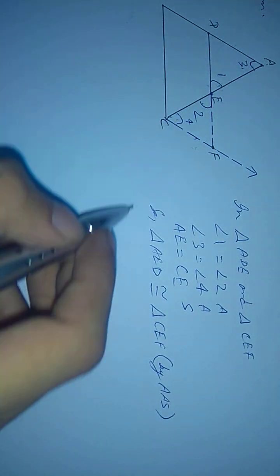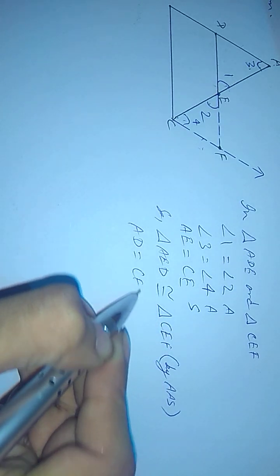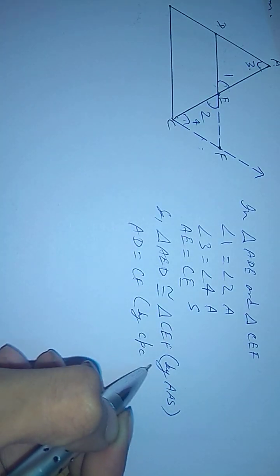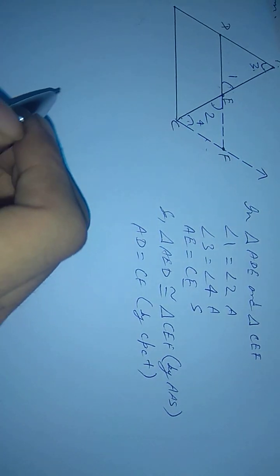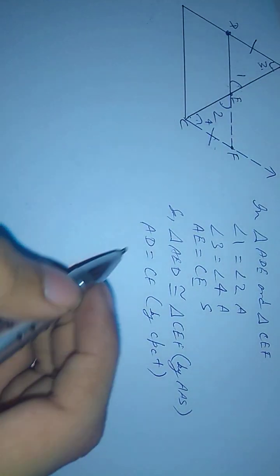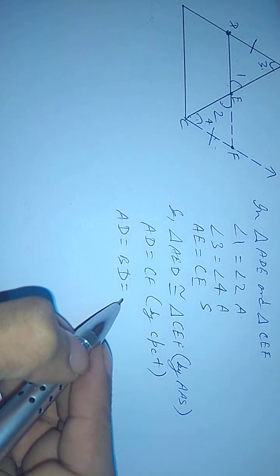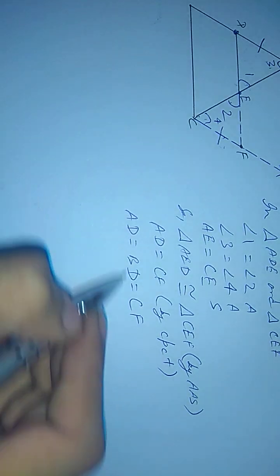Okay, so let's move ahead. Now, as these both triangles are congruent, we can say that ED is equal to CF by CPCT, and as we know that D is also the midpoint of AB, we can say that AD is equal to BD is equal to CF.